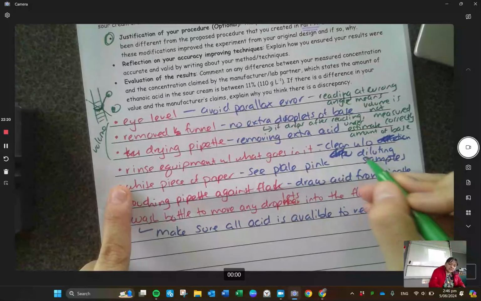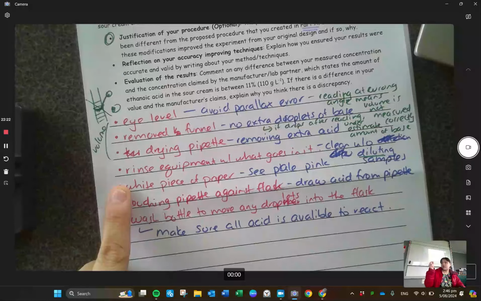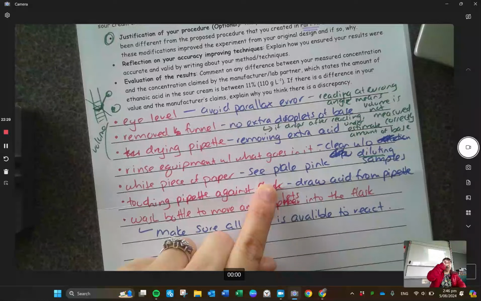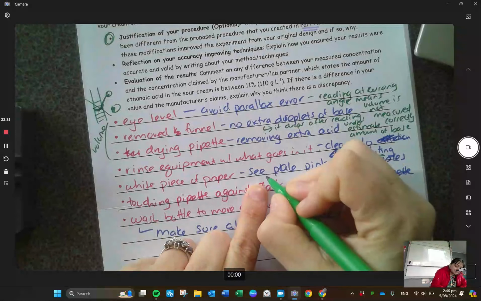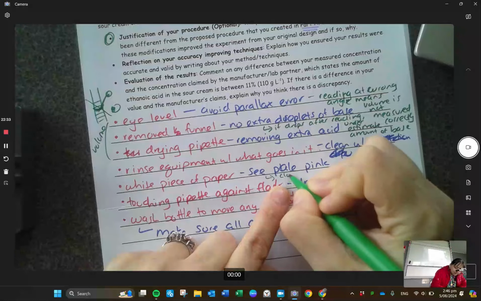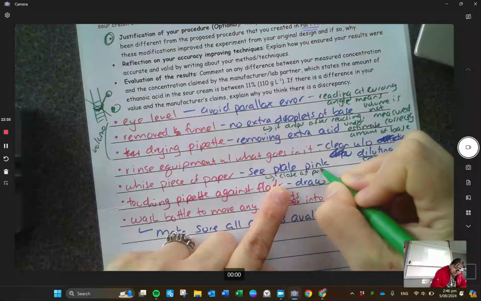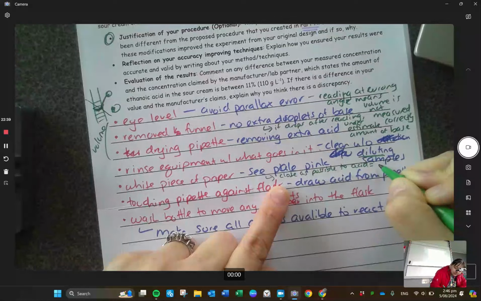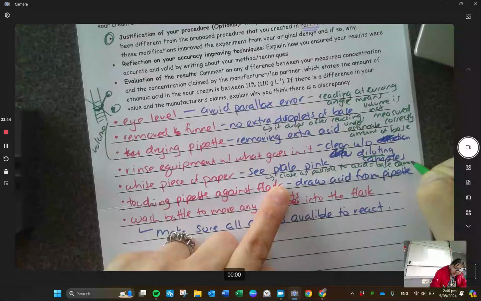Rinsing the equipment causes dilution, so that means you're not going to have the right ratios. The white piece of paper is important so that you get the pale pink, so you get as close as possible to when the acid and the base equal each other. Sorry, it's all really squished in.